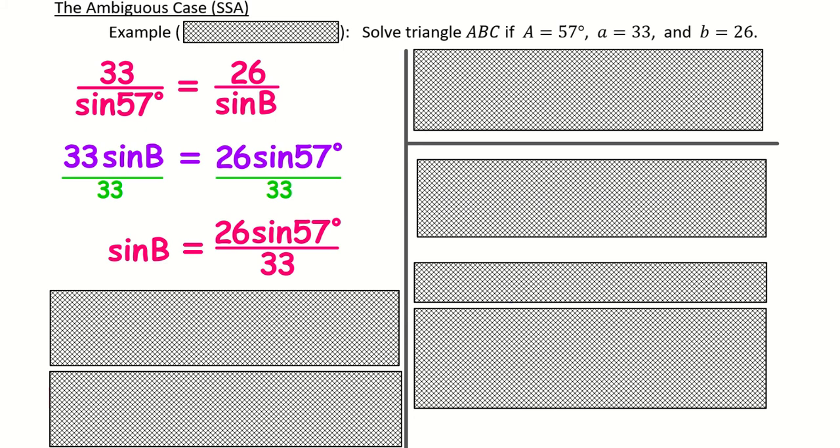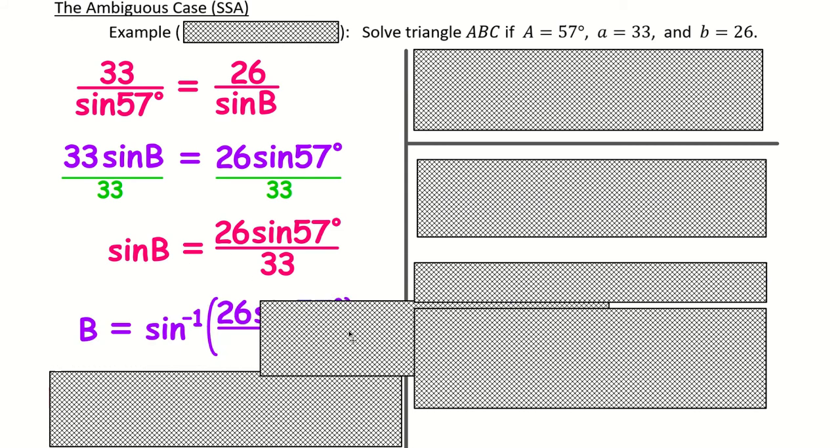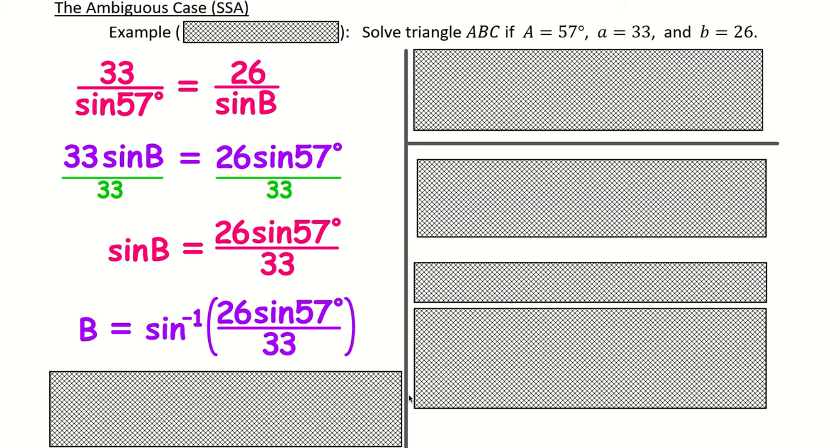Maybe you remember from the past couple of units that this is where we can bust out an inverse sine. This should seem at least a little familiar. So to get angle B, we're going to do an inverse sine of all of that.